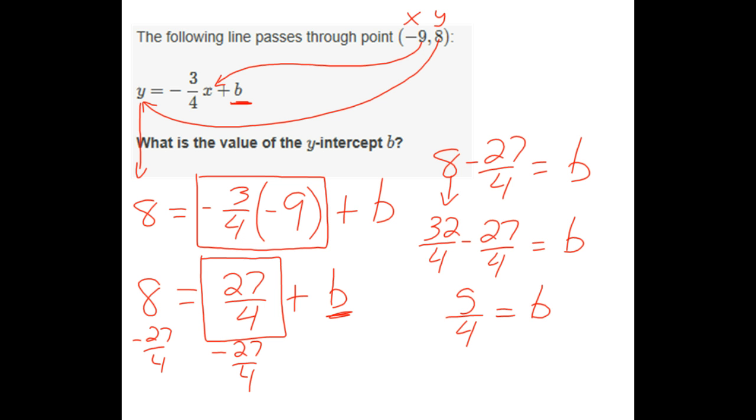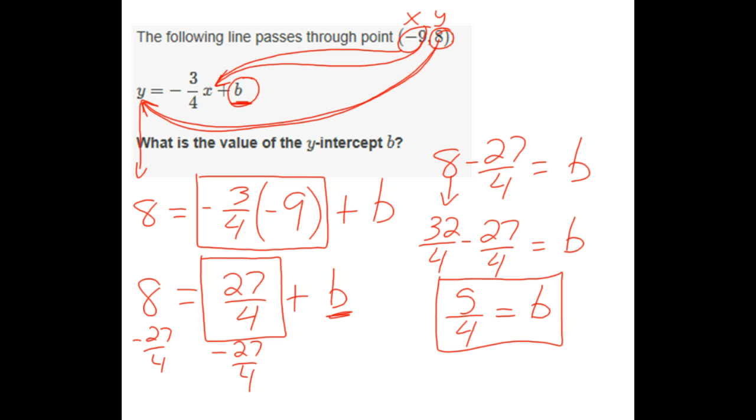Subtract the 27/4, and I get 5/4. So the answer is b is equal to 5/4. Again, quick review: I substituted my negative 9 in for x, I substituted my positive 8 in for y, and then I solved for b.